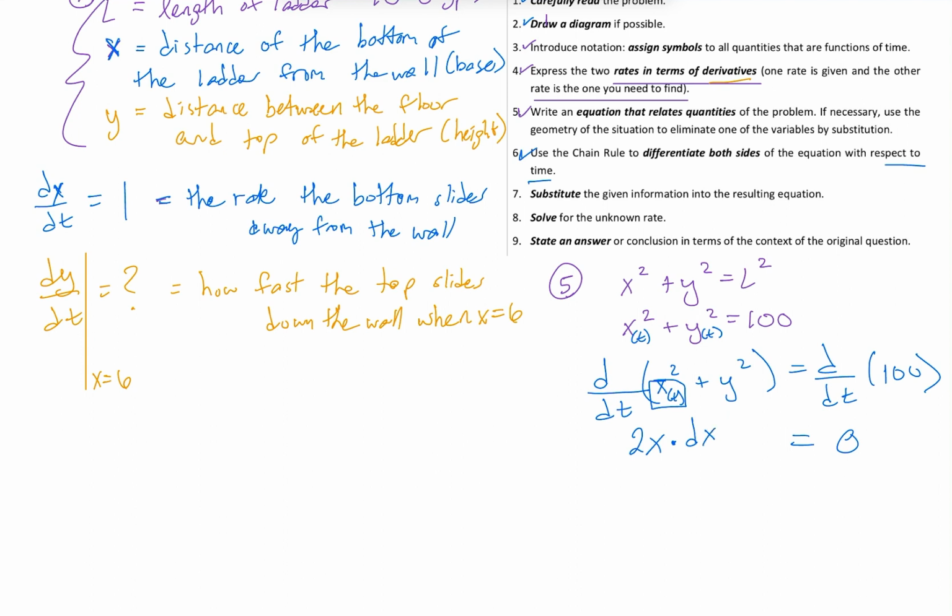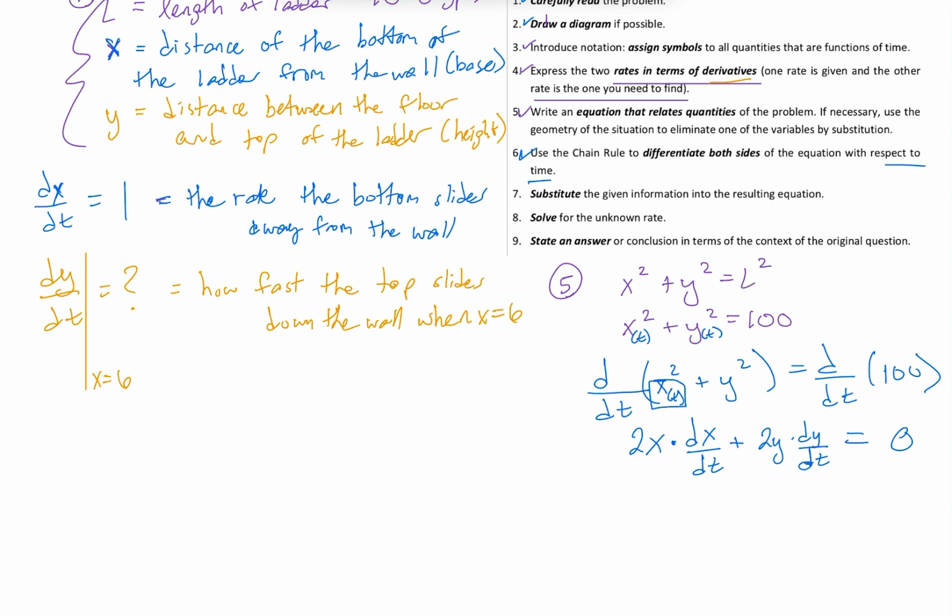And since that's not explicitly expressed, I just call it dx/dt for now. And then I also do the same thing with the y. So it's 2y times the derivative of y. Okay. So I've got my differentiation.